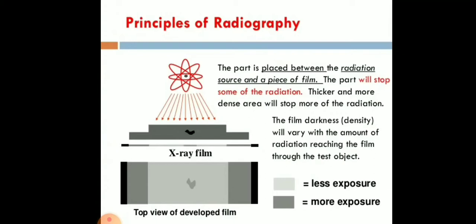The film darkness, that means density, will vary with the amount of radiation reaching the film through the tested object. Lightness indicates less exposure, and darkness indicates more exposure.